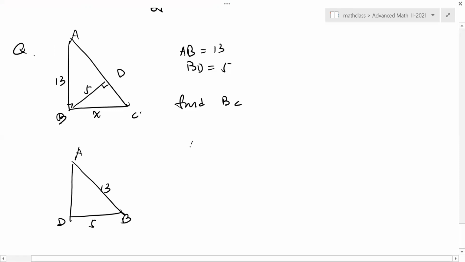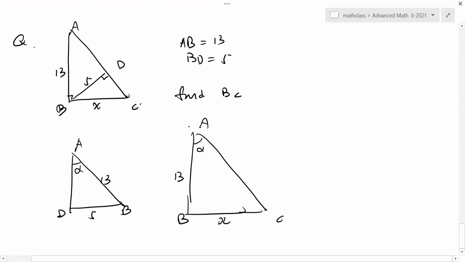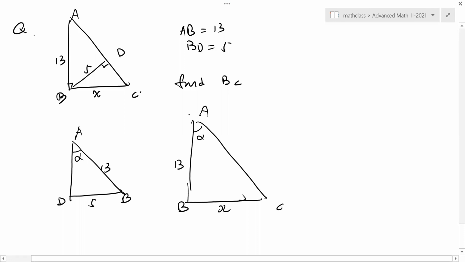Then the larger triangle. Here's 13, here's X, and A and B and C. So those two triangles are similar.